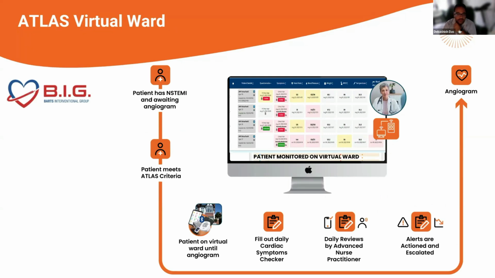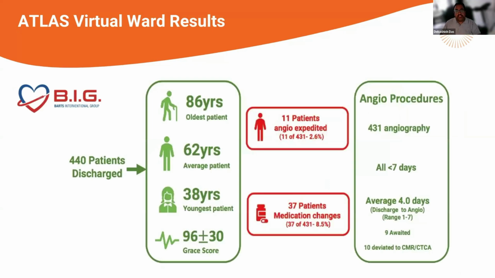So they wait at home, and they get daily symptom reviews by an advanced nurse practitioner. If they were deemed to be deteriorating, they would be brought back into Barts Hospital to try and have their angiogram expedited. But the vast majority actually went on to just have their angiograms as per the date.